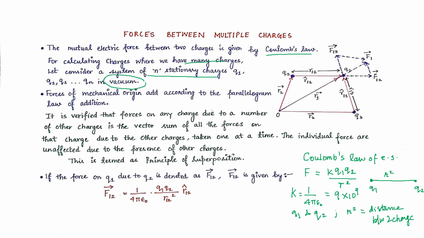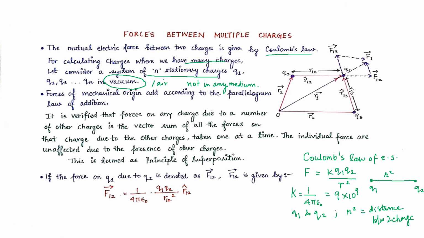As already mentioned in the previous classes, in this chapter we will deal with vacuum or air, not with any medium. If we introduce a medium, the concept becomes a little complicated, and for that we have another unit.